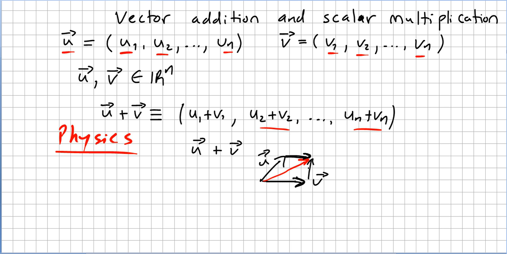So adding two vectors in physics, this one, the red one, is the diagonal of the parallelogram formed by vectors u and vectors v.